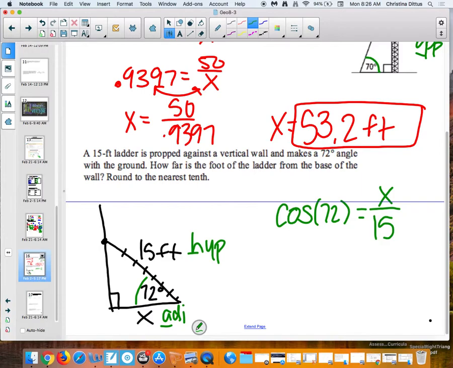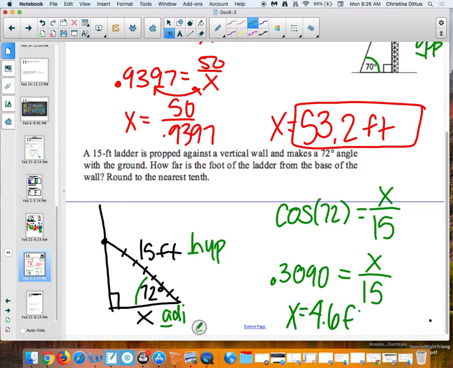Cosine of 72 is 0.3090. So what's the last thing I gotta do? Times 15, and I get 4.6. Inches.